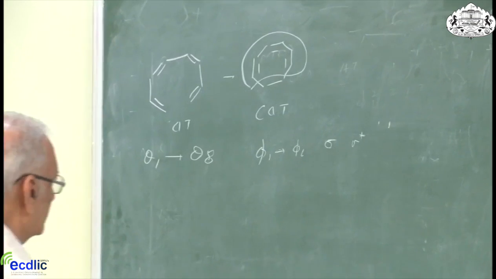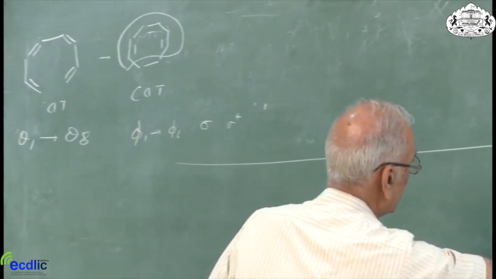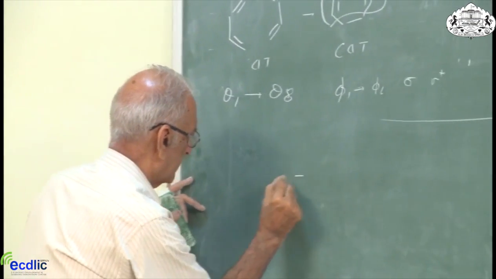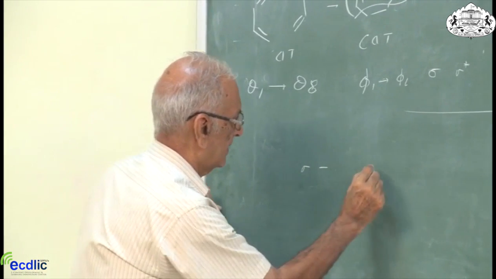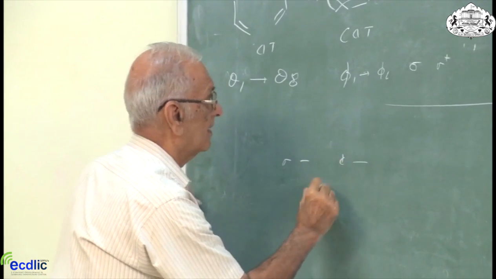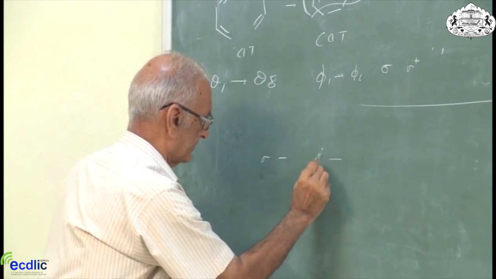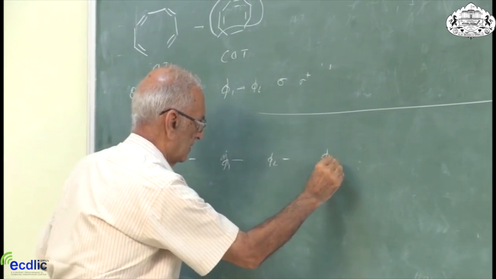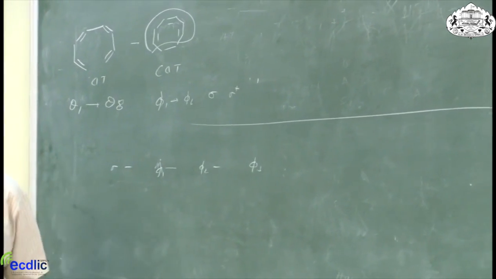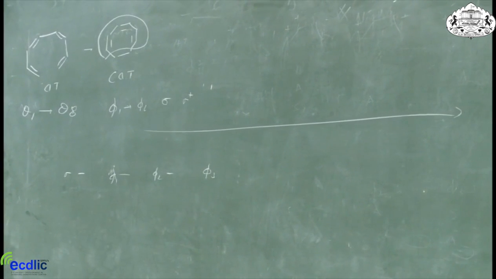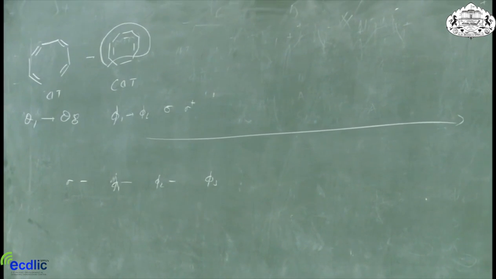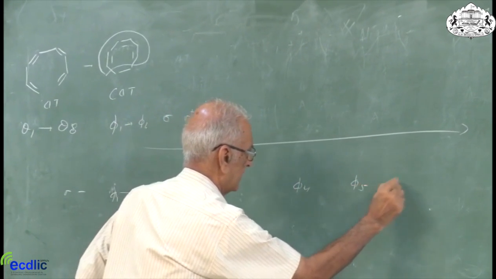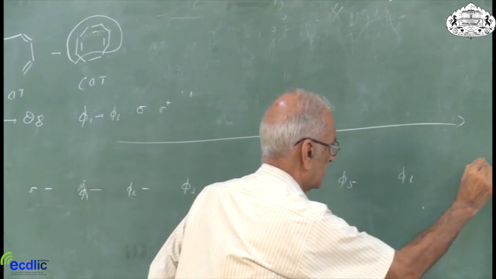Now we are increasing the energy in this direction. Okay. So, what will we write? This is your sigma orbital. Phi 1, phi 2, phi 3. These will be your 4 bonding orbitals. Phi 4, phi 5, phi 6, sigma star.